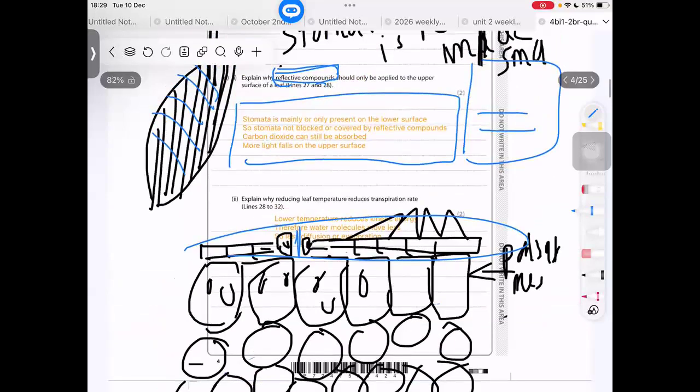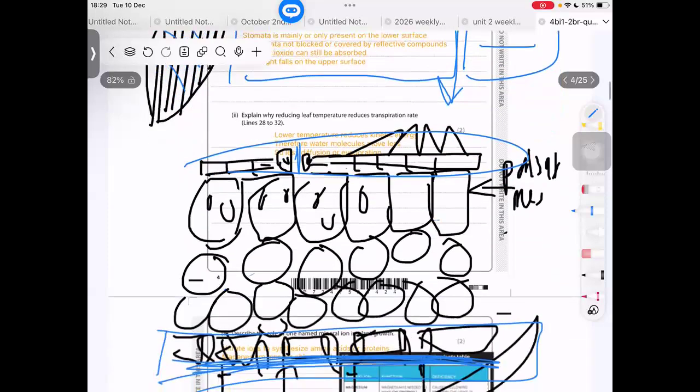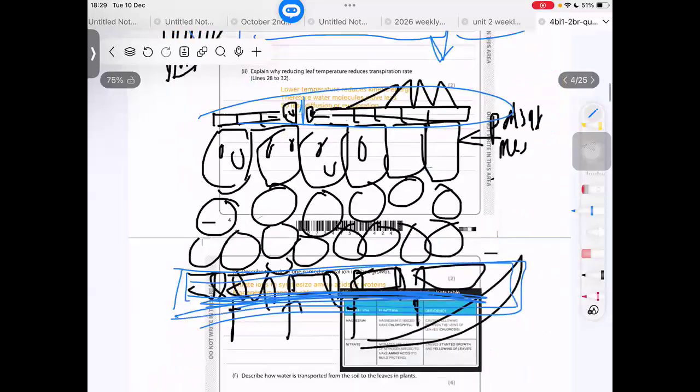For example, carbon dioxide needs to be absorbed, because the plant needs to carry out photosynthesis. We need to somehow block the transpiration, as well as carry out at least a bit of photosynthesis. Because of that, we are not applying the reflective compounds onto the lower surface.